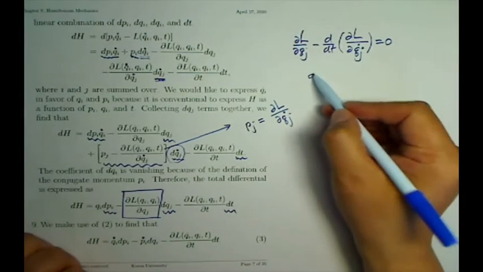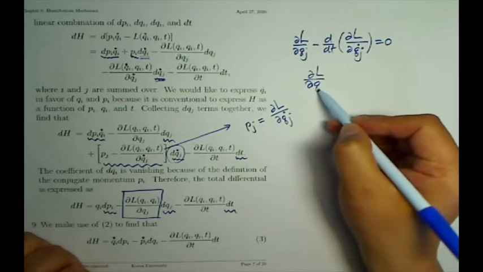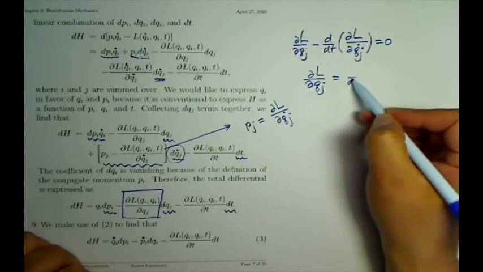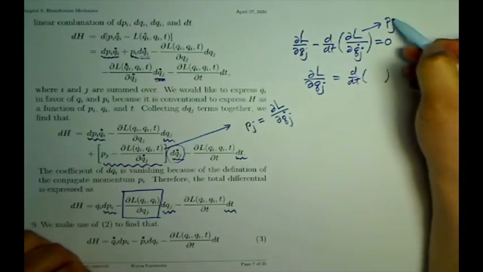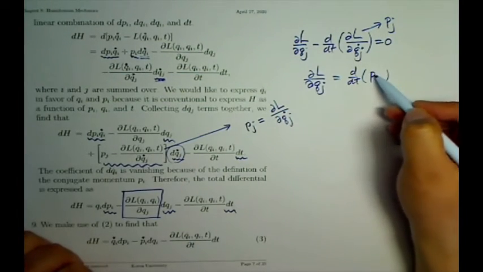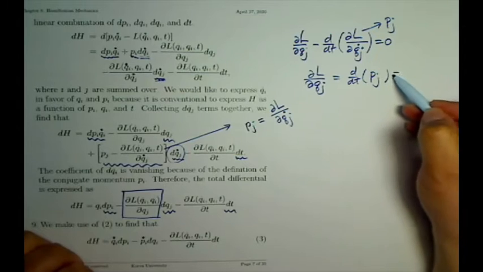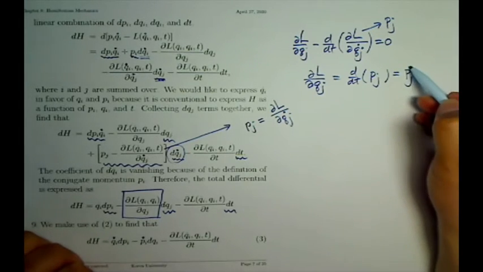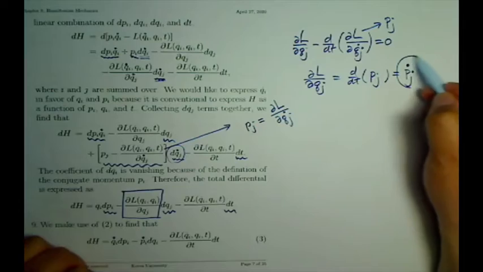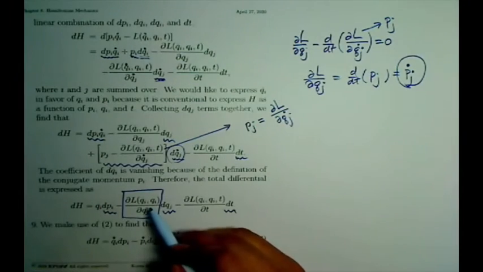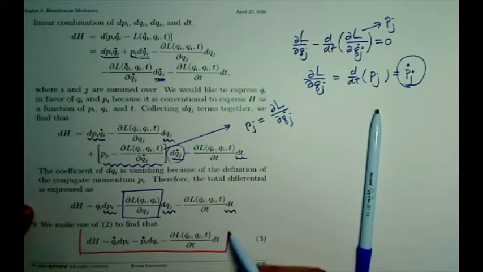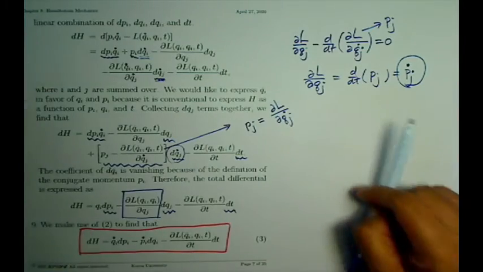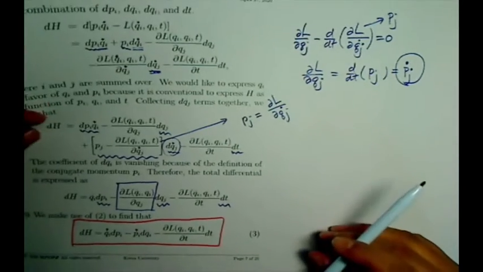We know this is the time derivative of what? This is the conjugate momentum pj. So pj is here, and the total time derivative of pj is pj dot. So I can insert this one in here, and this is our master equation, from which we can read off many things.